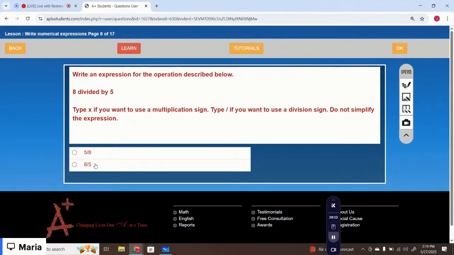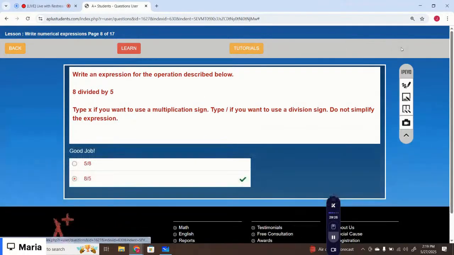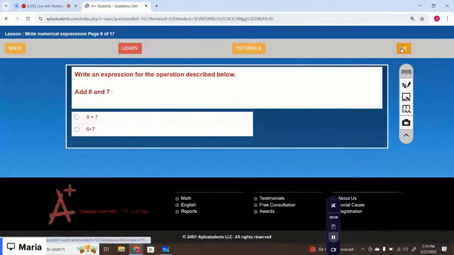Option number 2 is the correct option, that is 8 divided by 5. Write an expression for the operation described below.